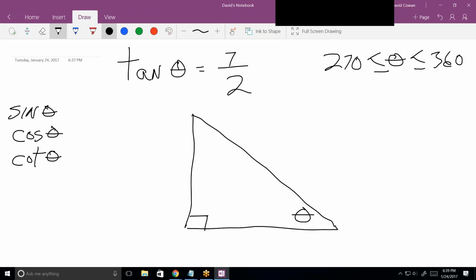What can I label on this triangle at the moment? The opposite side is 7, and then the adjacent side is 2. Making the hypotenuse, remember, it's root 53.